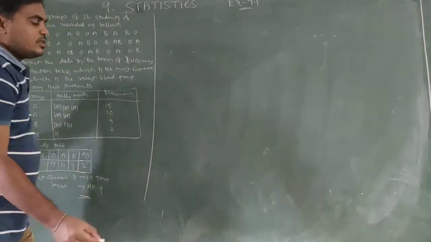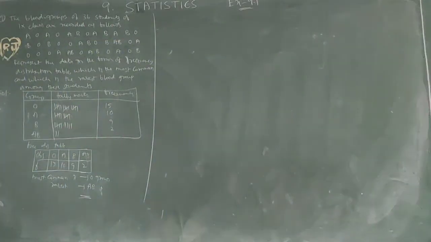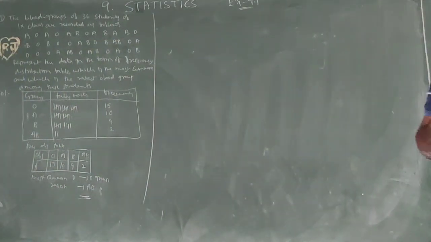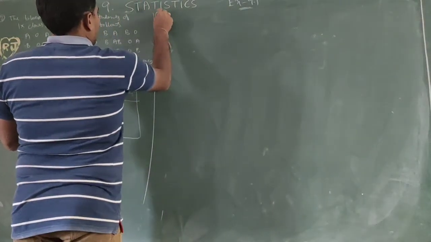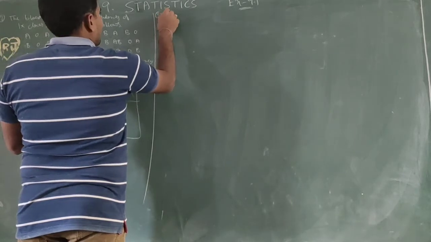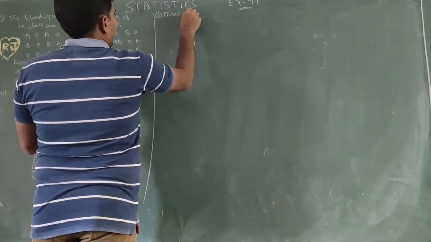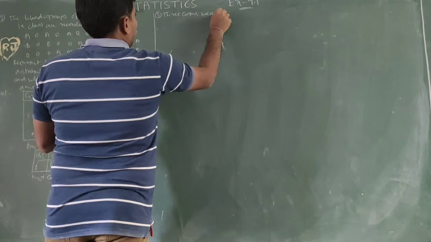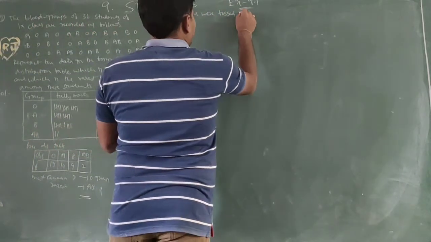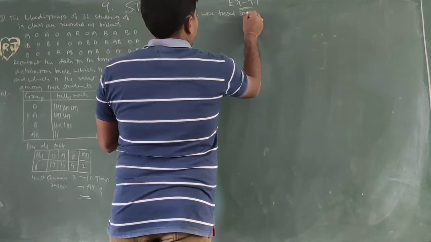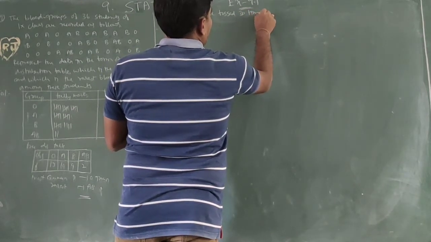Okay. Next, third question. Three coins are tossed. So 3 coins were tossed 30 times simultaneously.